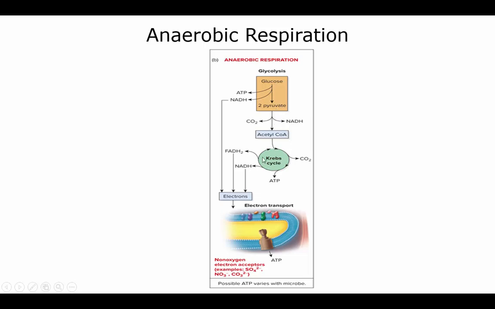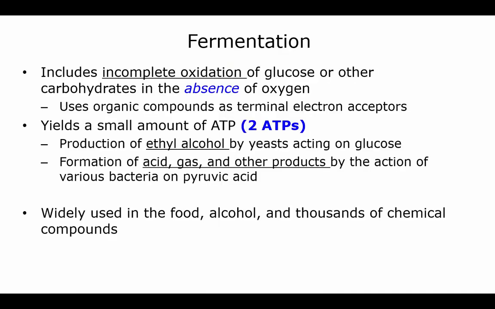Then it goes into the Krebs cycle, and everything's the same, and then into the electron transport chain. The only difference is there's no oxygen involved. The electron acceptors are going to be the sulfates, the nitrates, or the carbonates. And we don't know how many ATPs are made. It depends on the microbe.